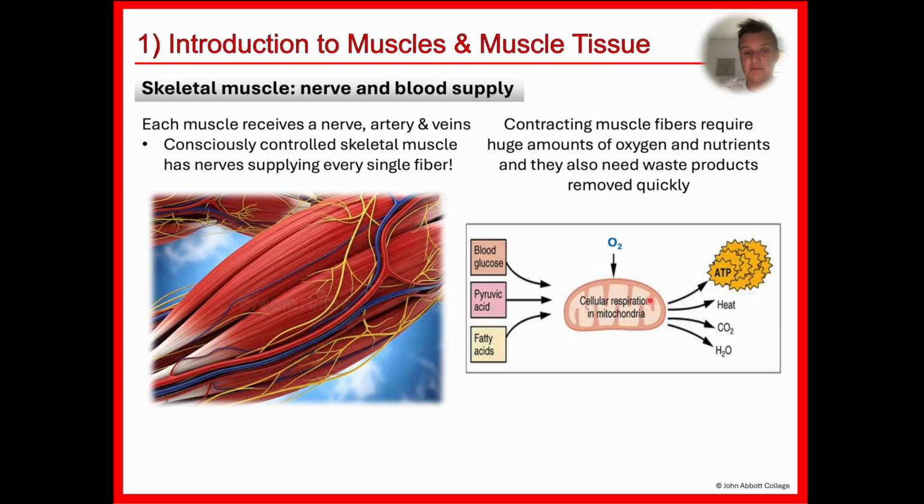It's a waste. So that'll go back in the veins actually, and return back to the heart to be exhaled out. So we need a blood system to transport good things like oxygen and nutrients and to remove waste products, right? And we also need nerves to come to our muscles to tell them when to contract, okay? So that's the general idea here.